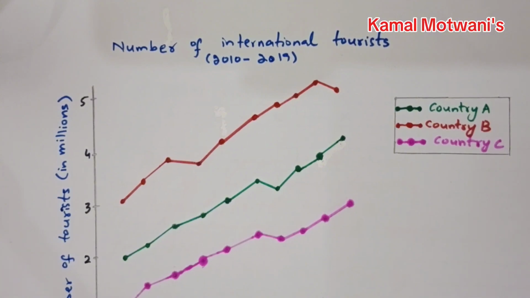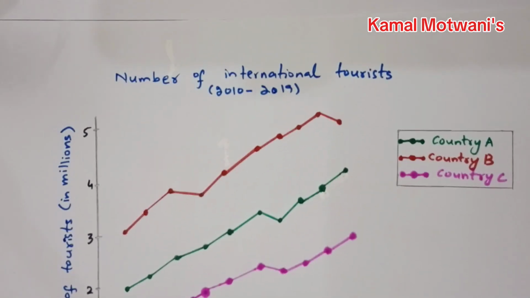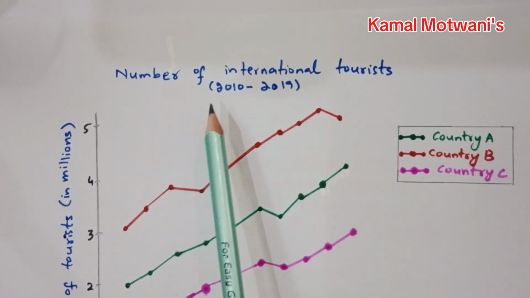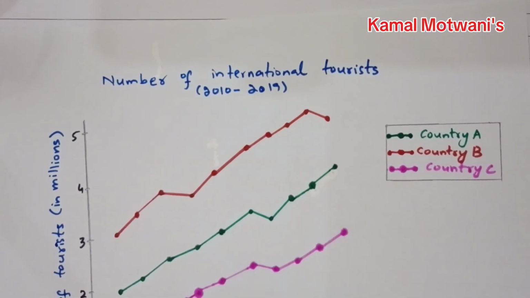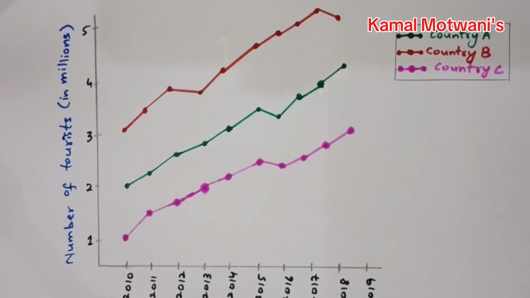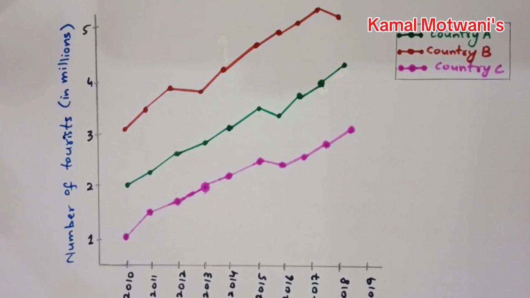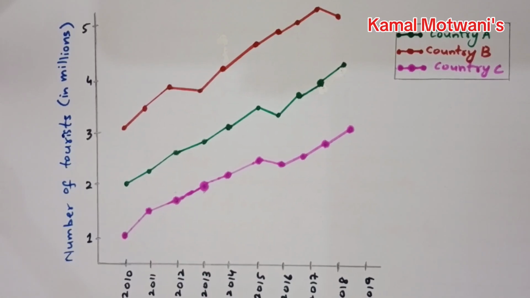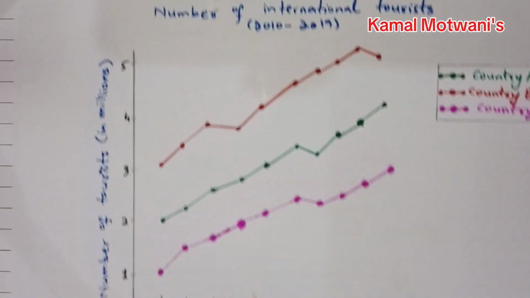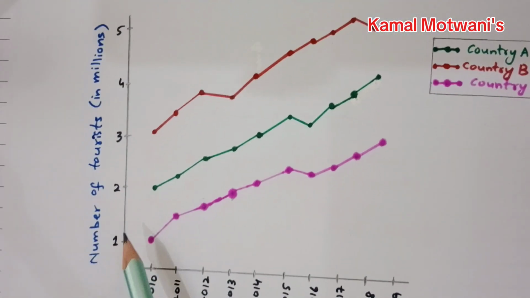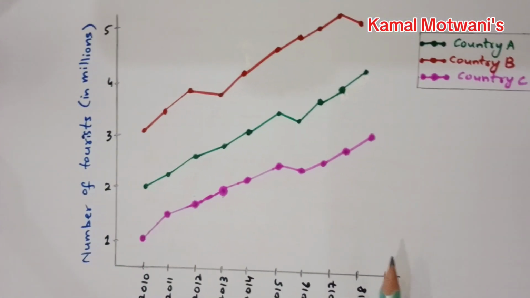So let's first understand this graph. The title of this graph is number of international tourists from 2010 to 2019. Here is the line graph that we have today. These are the x-axis, on which years are given, and this is the y-axis, on which the number of tourists is given in millions.